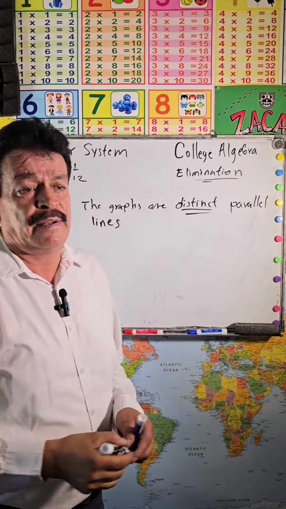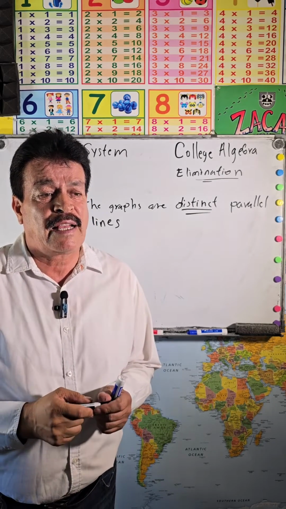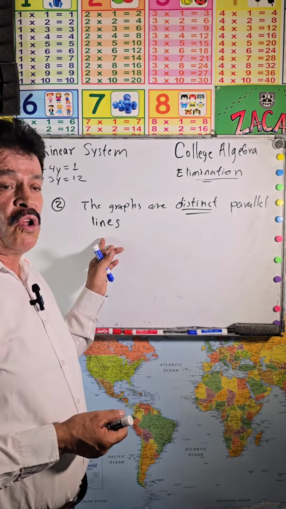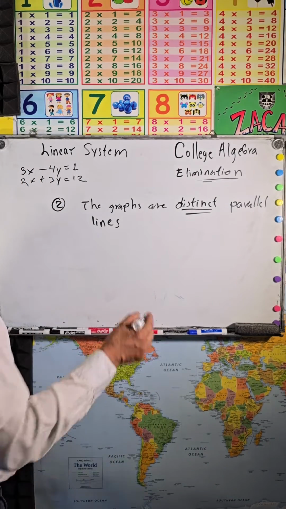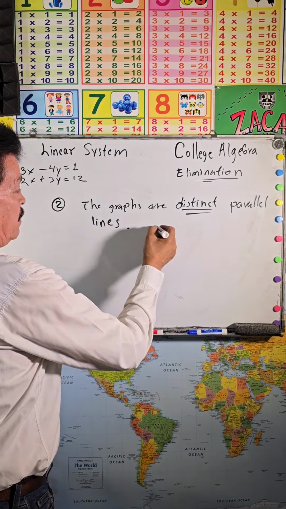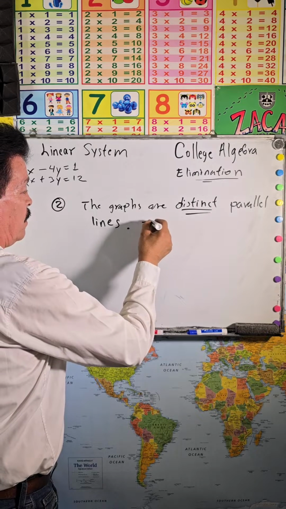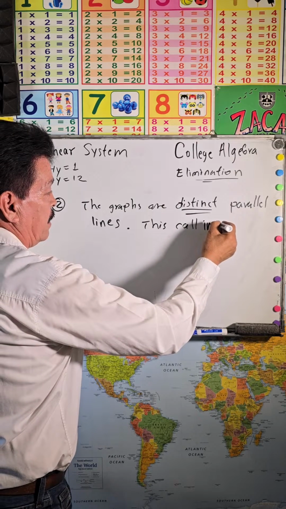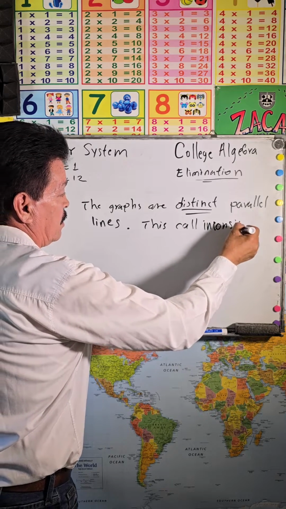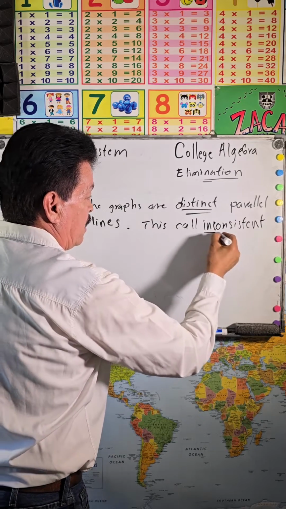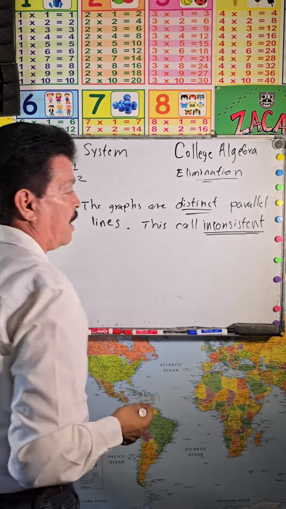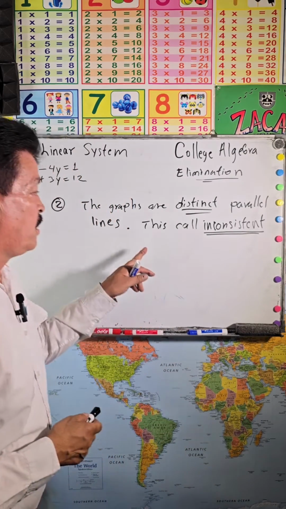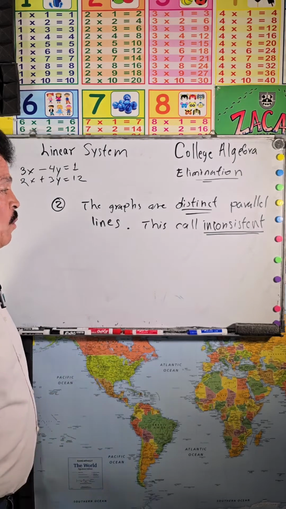Parallel lines, in this case the system is called inconsistent, okay? So the system of equations is inconsistent. It is very important. Inconsistent. This is the main word here.